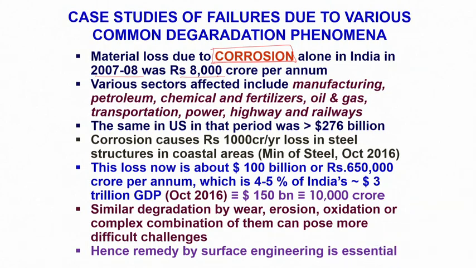And obviously, corrosion means degradation of metallic systems in all forms of industry, be it manufacturing or petroleum, chemical, fertilizers, oil and petroleum, transportation, including automobiles, power sector, highway transportation, railways, aircrafts, almost everywhere.